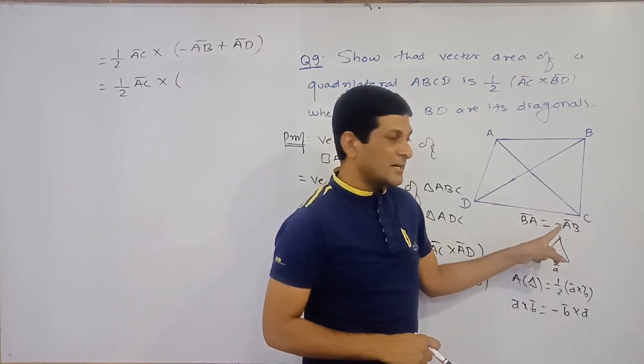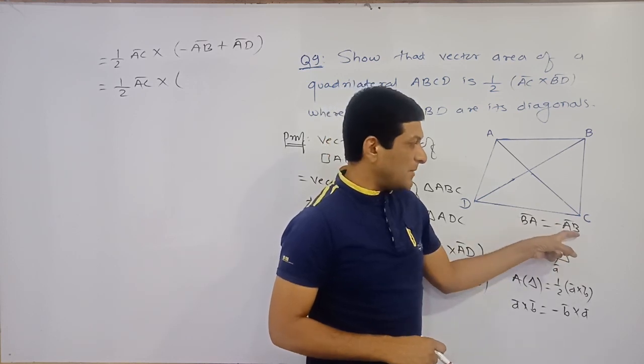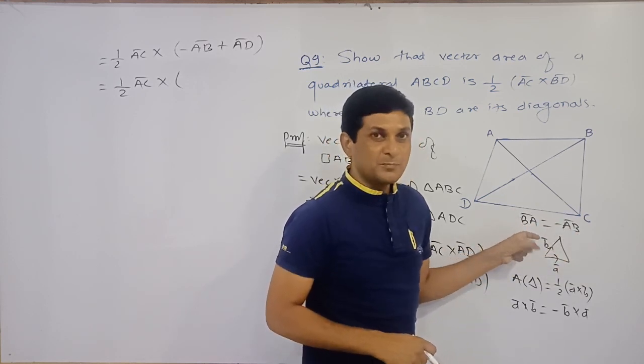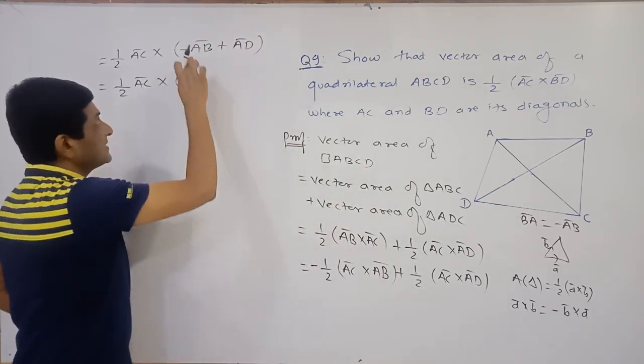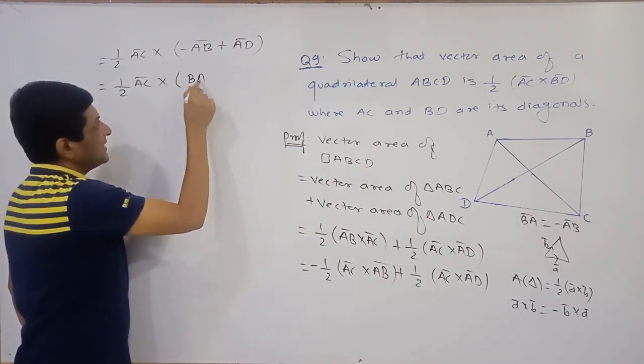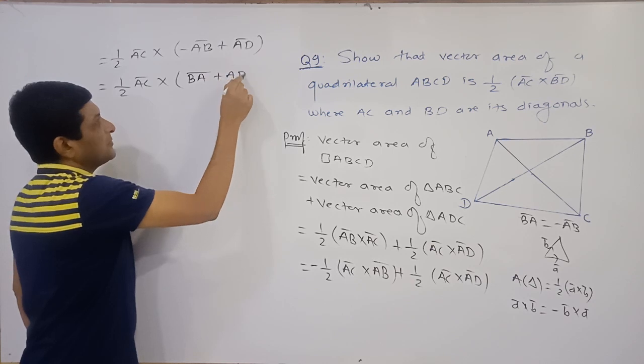It can be represented by a minus sign. In short, minus AB bar can be replaced by BA bar. So this minus AB bar is replaced by BA bar plus AD bar, keep it as it is.